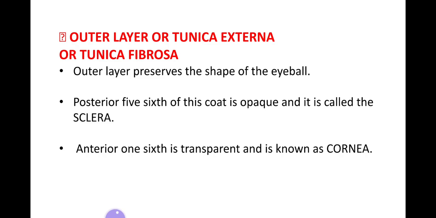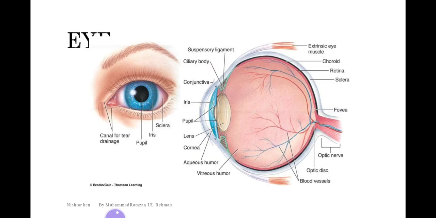What are the functions of the outer layer? It preserves the shape of the eyeball. Posterior five-sixths of this coat is opaque and is known as the sclera, and anterior one-sixth is transparent and is known as the cornea. Here is shown the sclera.